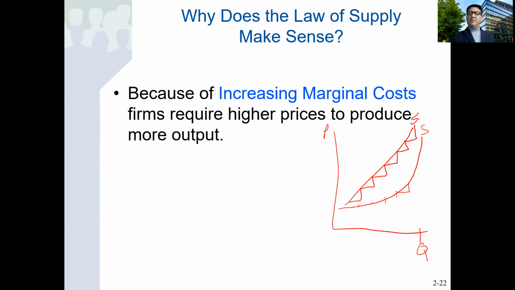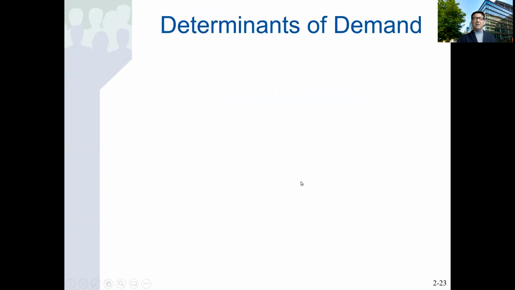So a straight supply line means the marginal costs are the same. But when you have a sloping line, that means marginal cost is increasing. The more you produce, the cost per unit is going to increase. That's what increasing marginal cost means.